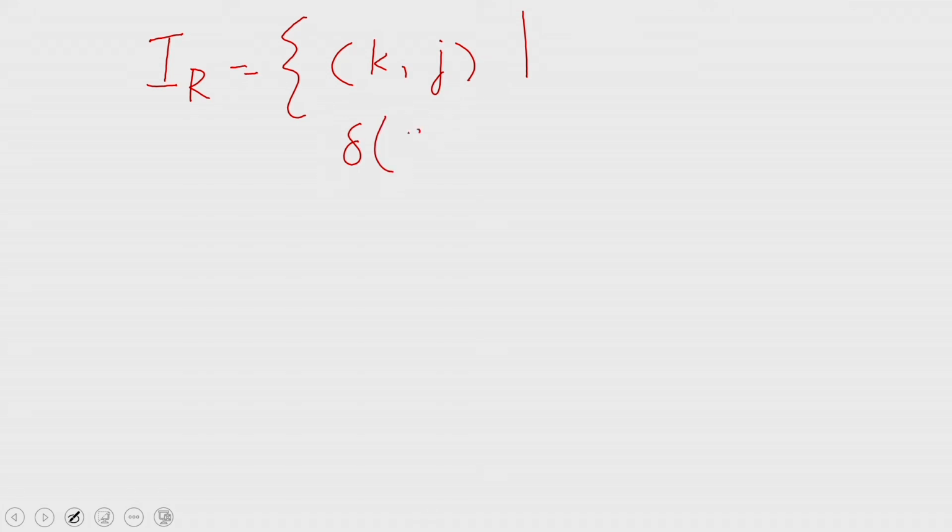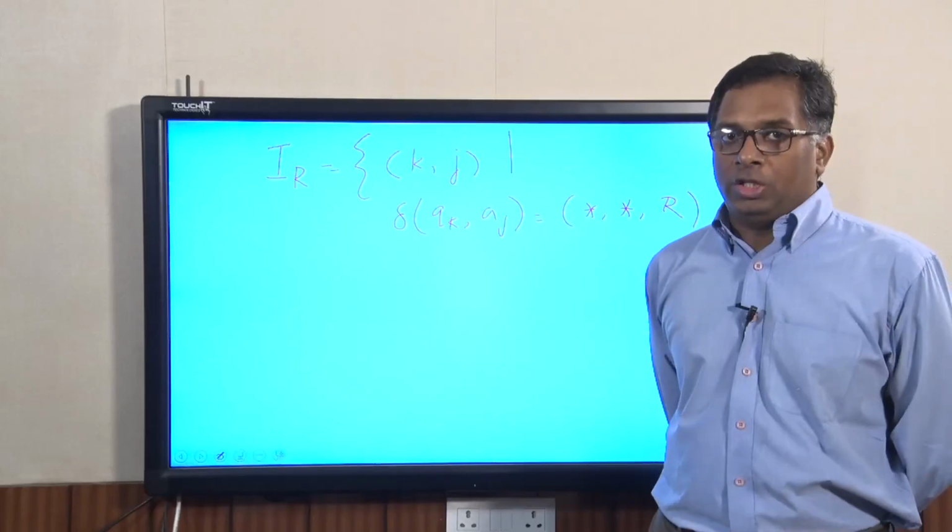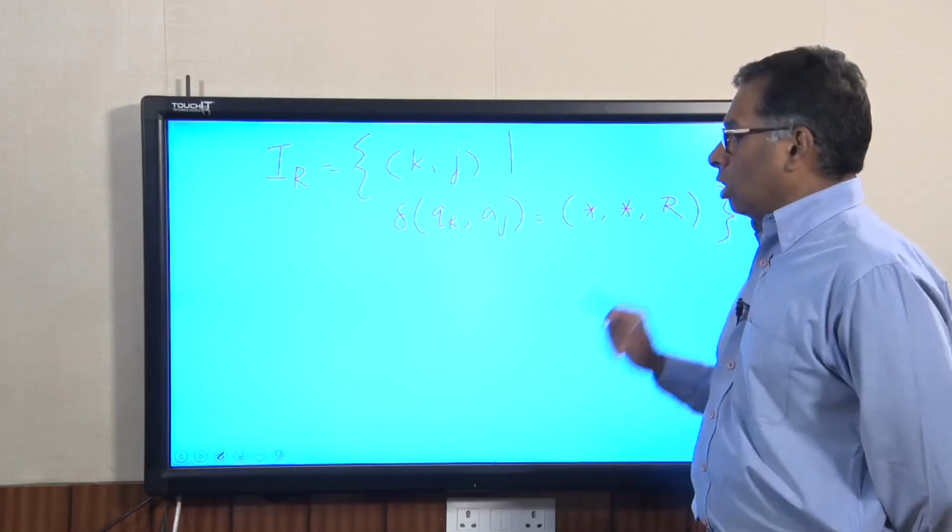First let us consider H i t plus 1. For this, let me define I r as this set. I r is defined as all ordered pairs k j, so that delta of q k a j is a tuple of this form. Here the star denotes a wildcard, it does not matter what it is. So, I r is defined to be the set of all ordered pairs k j, so that when the state of the machine is q k and the symbol scanned is a j, the machine has a transition of this sort.